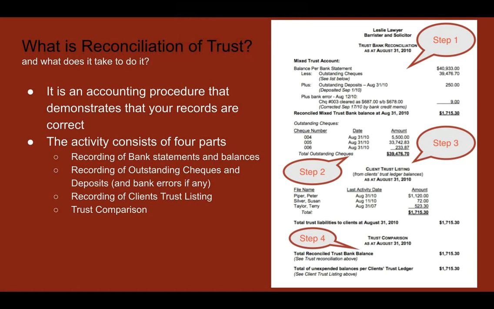But there's another thing to it. I said there are two types of bank errors that can occur. One is when the bank makes a mistake, and the other one is when you make a mistake. If you have by mistake transferred excess amount from trust to the general or from trust to the client, for whatever reason, now this has to be fixed.